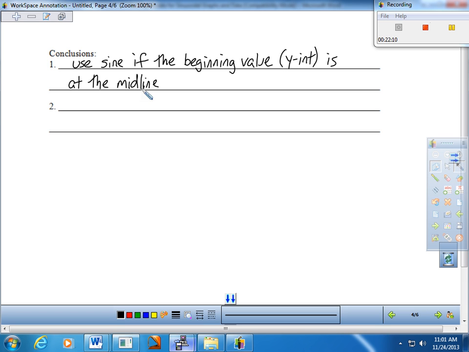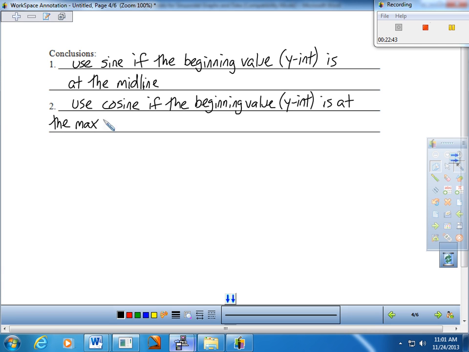Now the other two scenarios will fall under this category right here. What we found is we should be using the cosine function if the beginning value, and again, just from what we saw, what that means for us is the y-intercept is at the maximum.